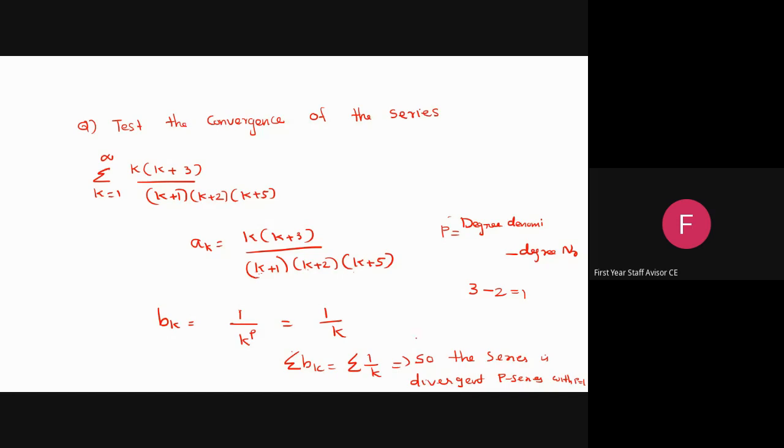Summation 1 by k raised to p converges if p is greater than 1 and diverges if p is less than or equal to 1. So here p is 1, so the series is divergent. By the limit comparison test, we define the limit as k tends to infinity of a_k by b_k.